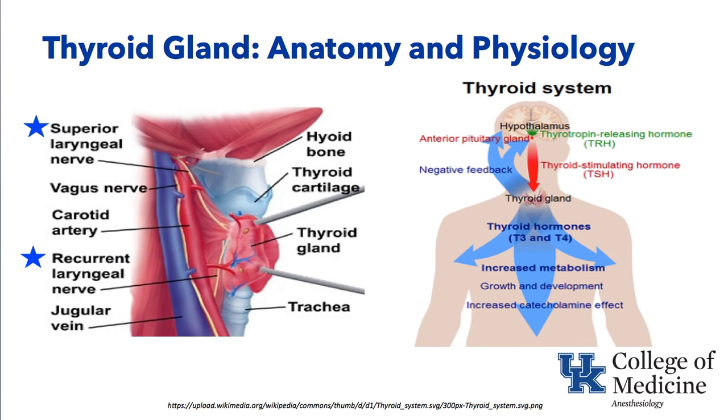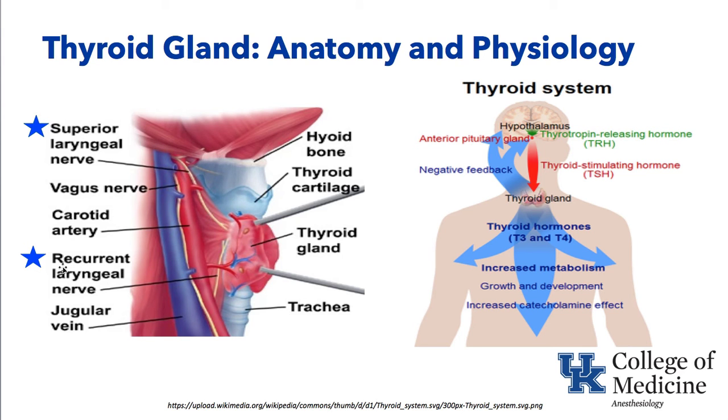Let's talk about the thyroid gland, its anatomy and physiology. On the left, you can see an anatomic diagram of the thyroid sitting on top of the trachea. You can see that if a thyroid grew very large, for example, was goitrous and pressed on the trachea, tracheomalacia could occur. Also, if you look at the stars on the top left, you can see the superior laryngeal nerve coming down and supplying via its internal branch the sensation above the vocal cords, and the external branch, which supplies the cricothyroid muscle to the vocal cords.